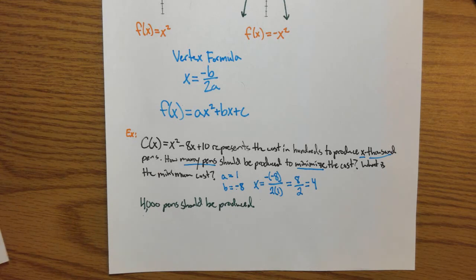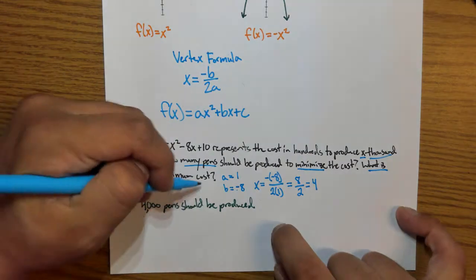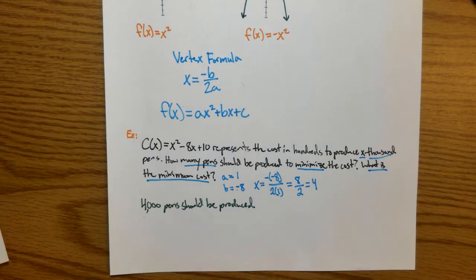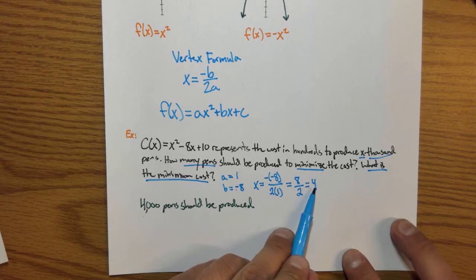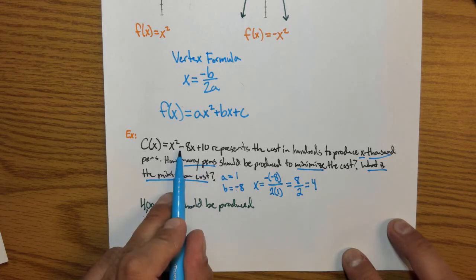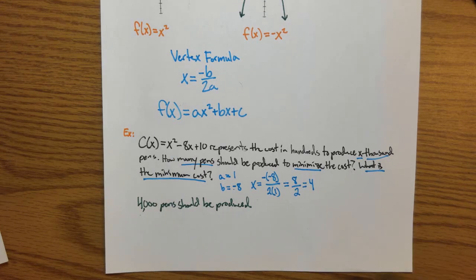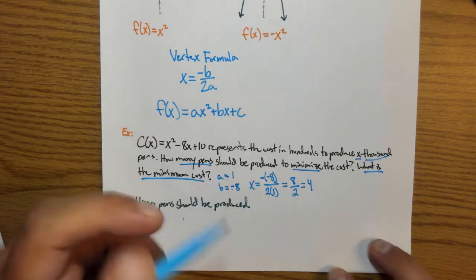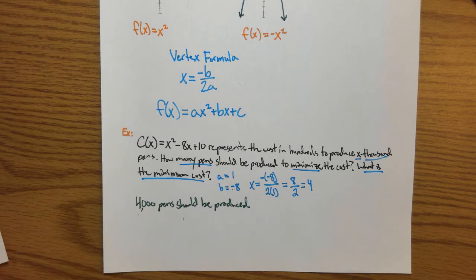Now the second question is, what is the minimum cost? Well, that would be our corresponding y value. So all we need to do is plug our 4 into our function, and it'll give us the corresponding cost at 4,000 pens. How much it'll cost to produce 4,000 pens. So we can do that. I'll change colors here.